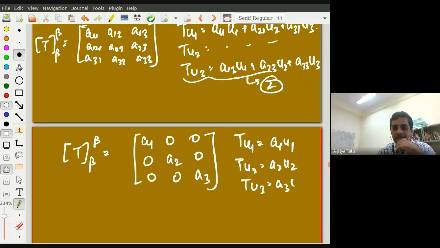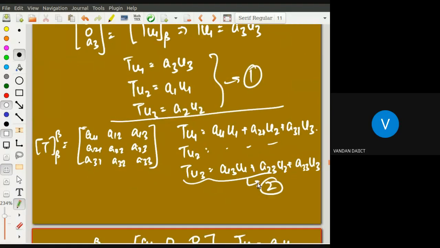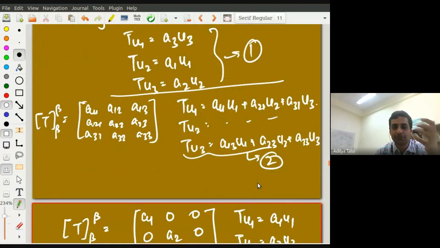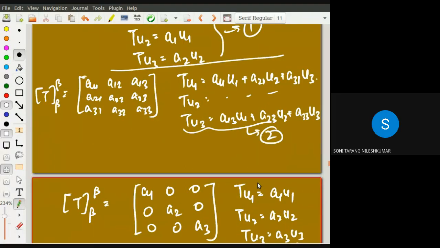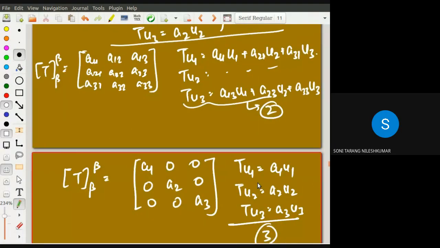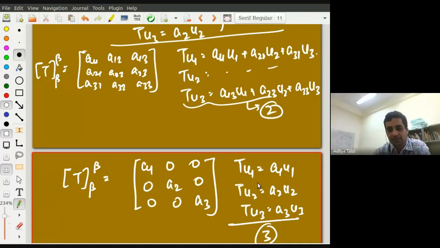So now if I compare, let's call this 3. 1, 2, and 3, which is the easiest one? 3. Why is it easier compared to 1? Sir, because we are just scaling the corresponding terms. Great. We are not mapping U1, one basis vector, to a different basis vector.